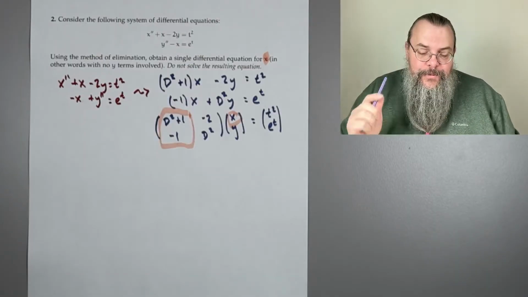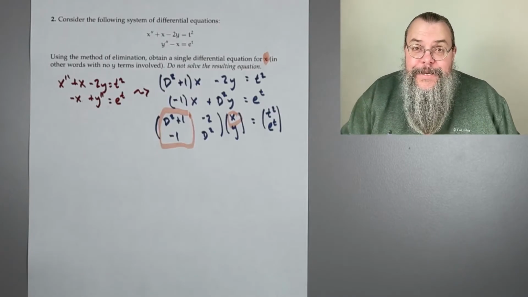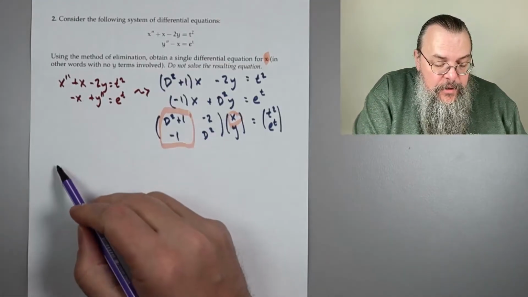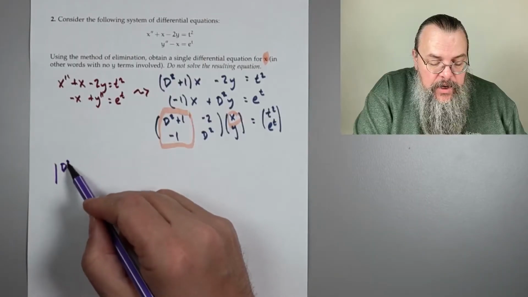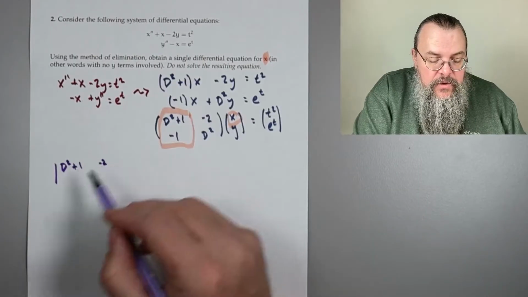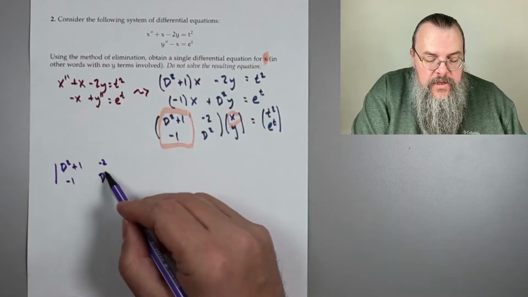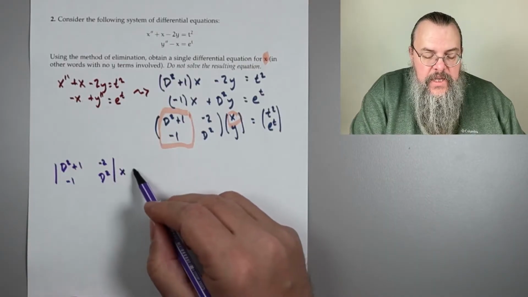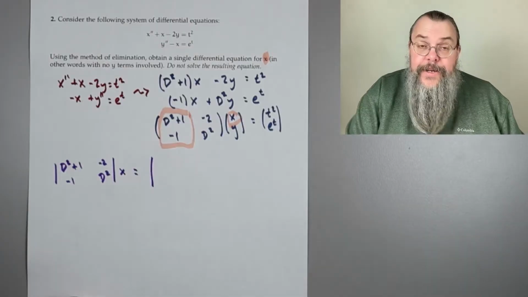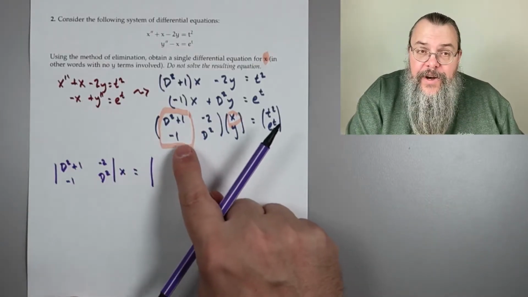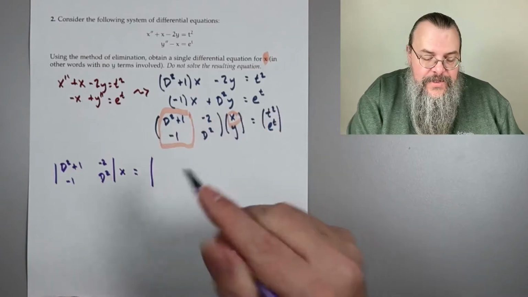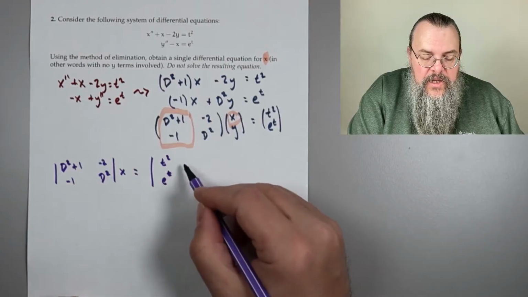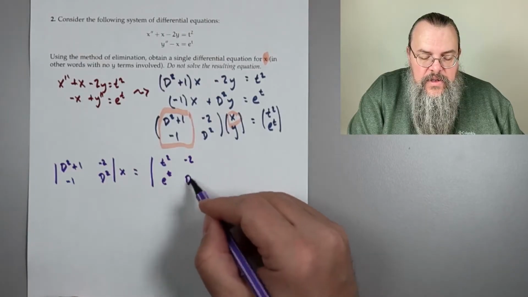Now, we're ready. Here's the idea. We're going to take this matrix here and take the determinant of it. So d squared plus 1, minus 2, minus 1, d squared, and x equals, then on this other side, we're going to replace this column with these functions. So t squared, e to the t, minus 2, d squared.